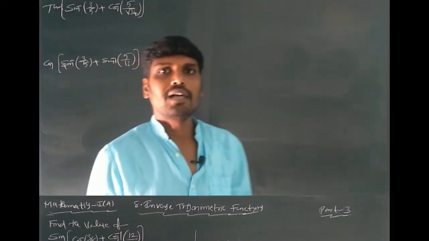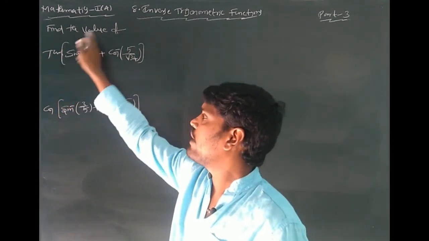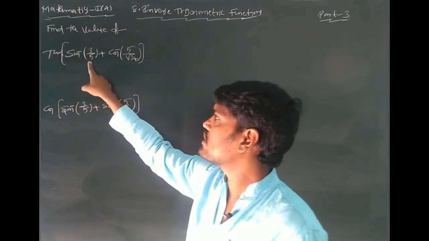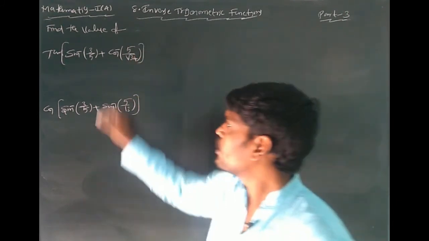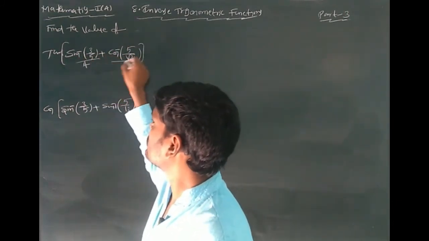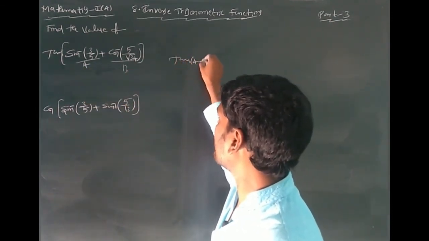Next, today's assignment problem or homework problem is to find the value of tan of sin inverse 3 by 5 plus cos inverse 5 by square root of 34. You can write this one as A, this one as B. You can write tan of A plus B. What is the formula of tan of A plus B?